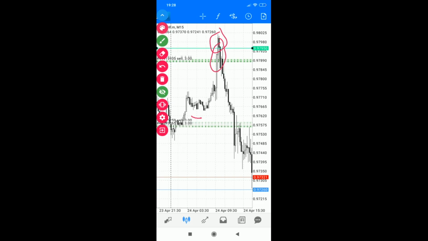Multiple time frame, support or resistance, wait, see the candle type, the candle formation. What type of candle forms on the support or resistance area?